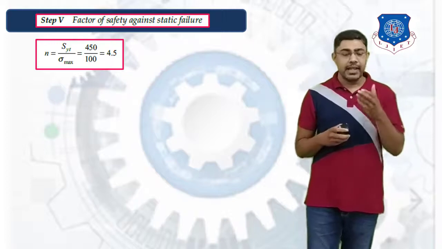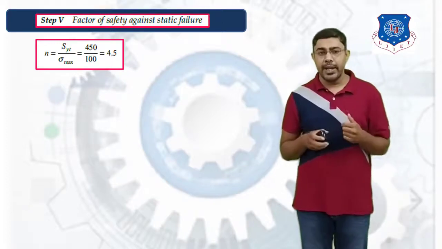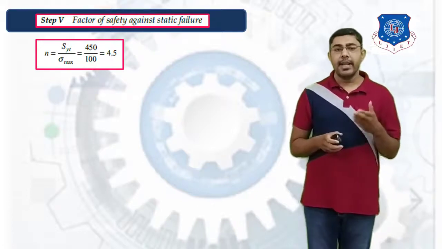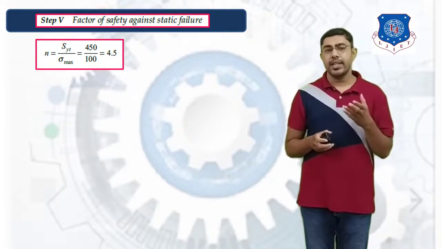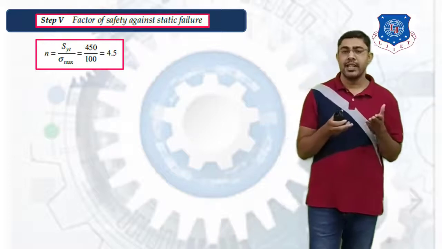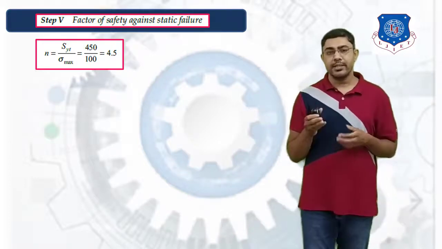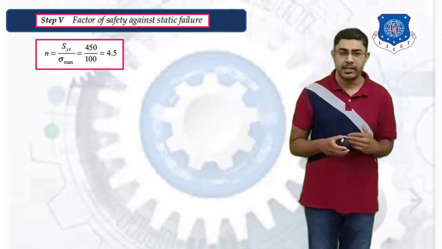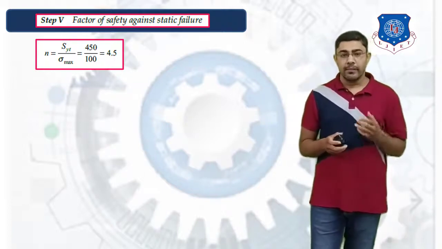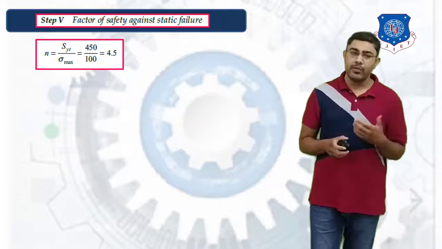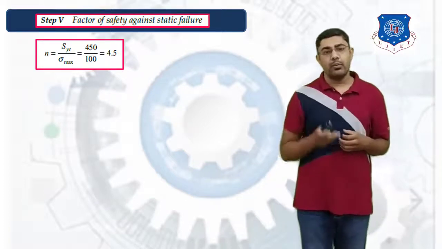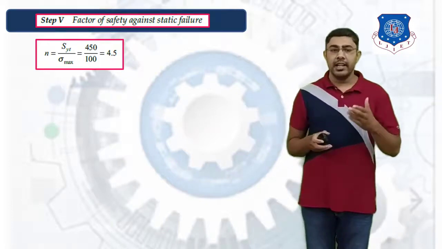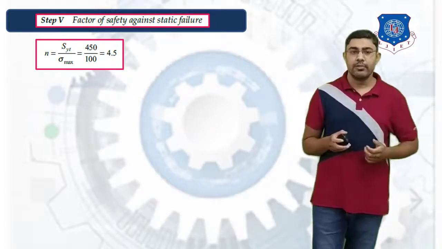So n becomes SYT divided by sigma max, and the value of SYT is 450 divided by sigma max. Here the maximum stress is 100 because our stress varies from 40 to 100. According to this, the factor of safety n is equal to 4.5. So against static failure, the factor of safety is 4.5.